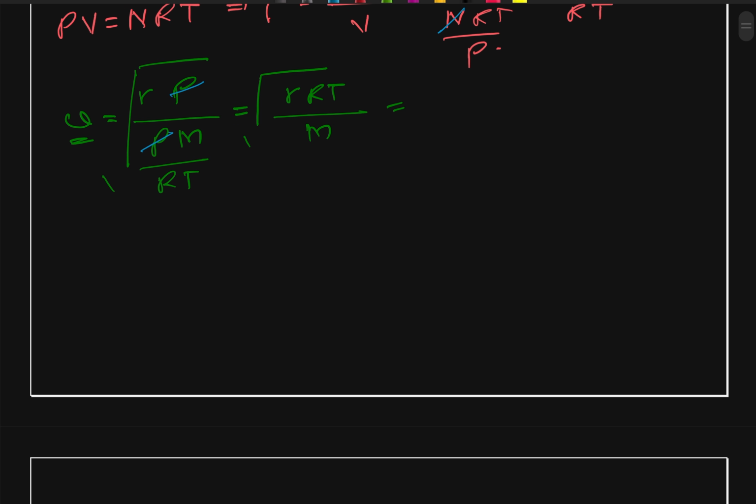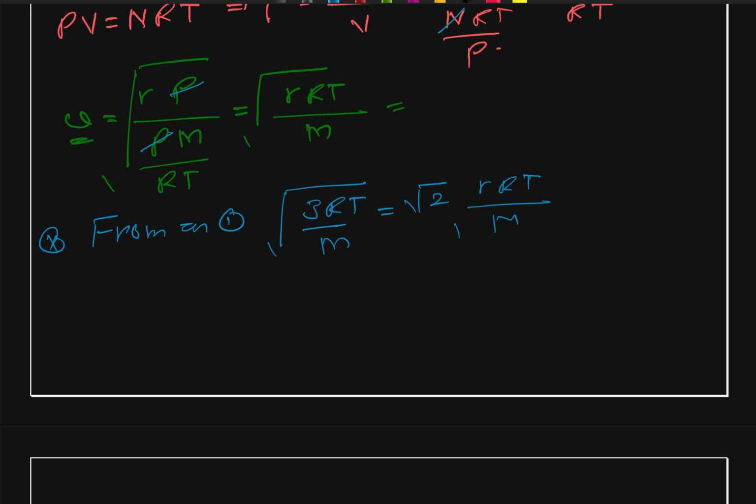So from equation 1, we have square root of 3RT upon M is equal to square root 2 times square root of gamma RT upon M. So if we square completely, the square root cancels out throughout.